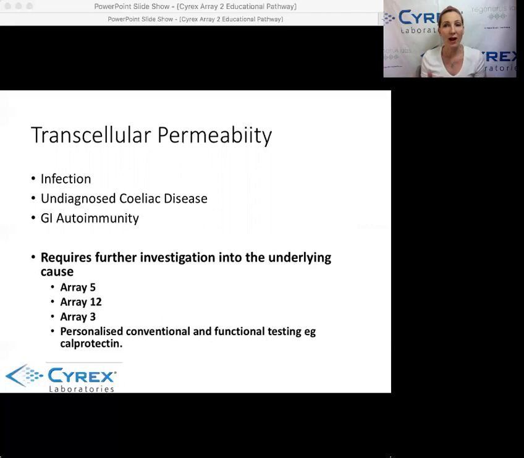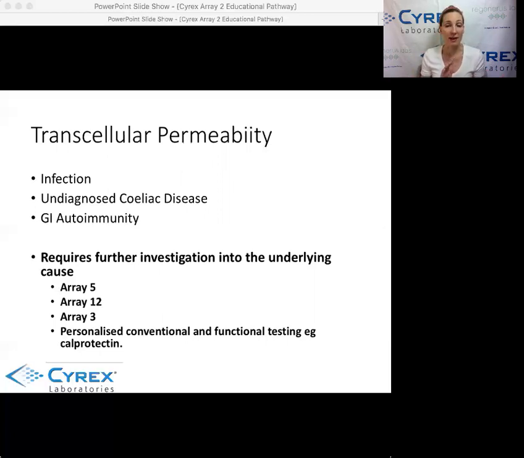So when you have transcellular permeability measured, this requires further investigation into the underlying cause, because you're not dealing with sort of garden variety leaky gut, where you can use some glutamine and kind of heal the gut with the normal protocols that we've all been taught, and then everything will be fine.